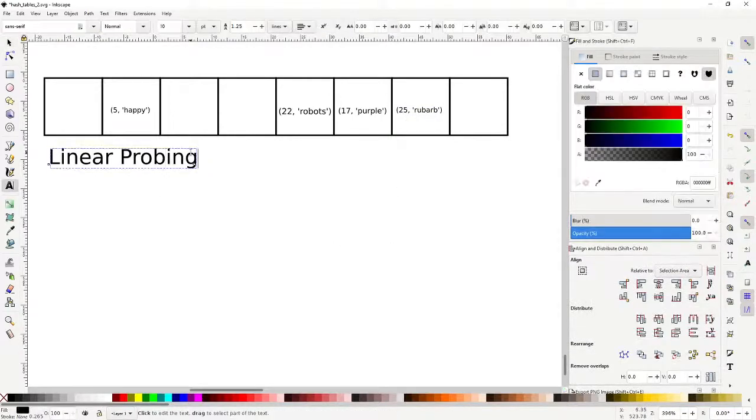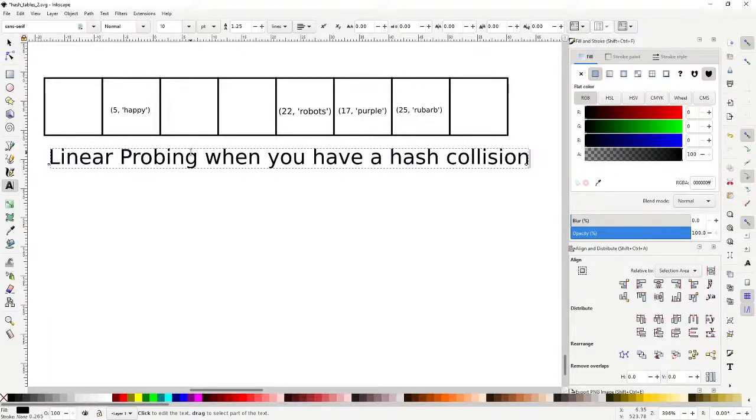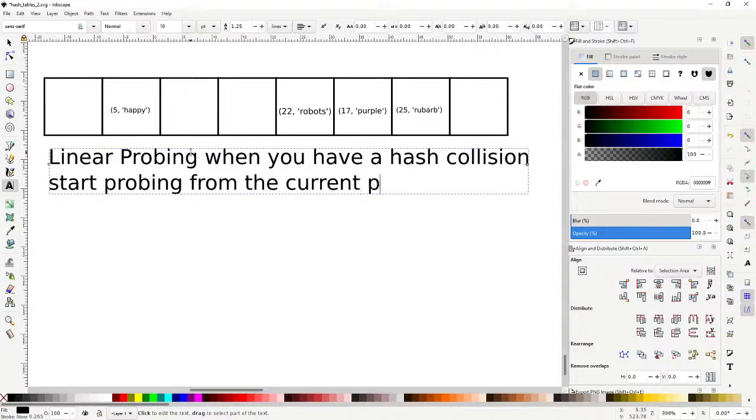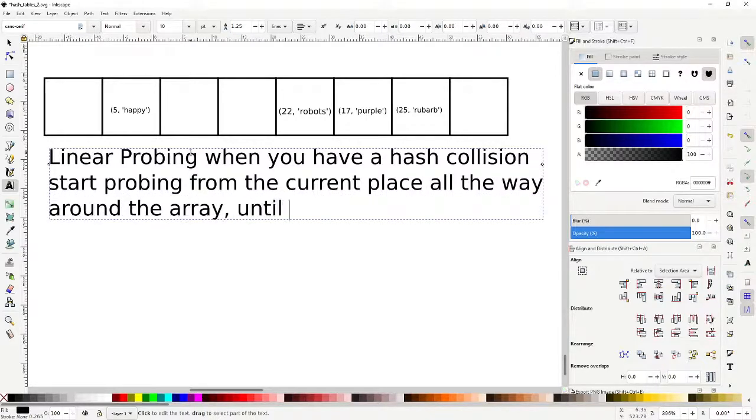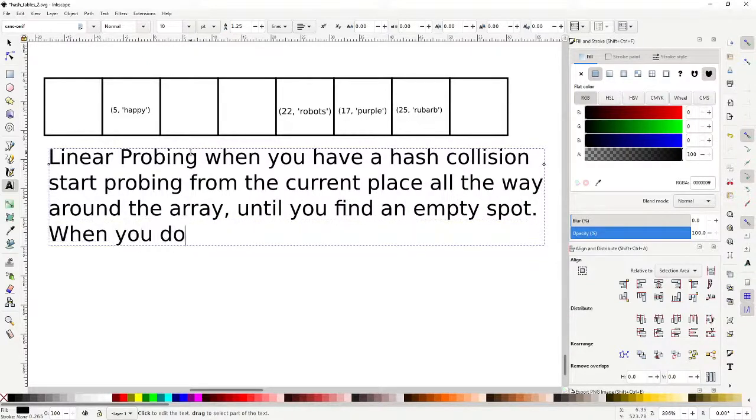All right, so when you have a hash collision, you just start probing from the current place all the way around the array until you find an empty spot. Okay, when you do, you insert. All right, so that's the point here, right? So 17 purple was taken, but we put it here, and then when you try to resolve the collision, you just go to the next spot.